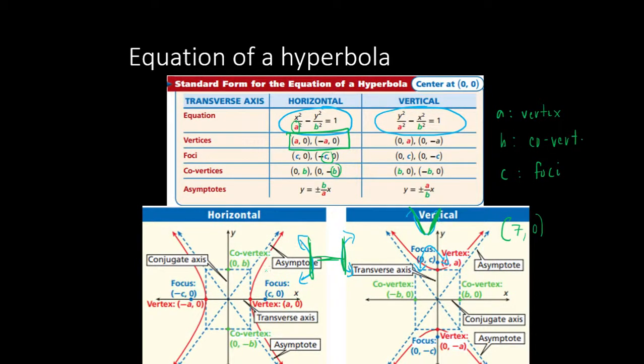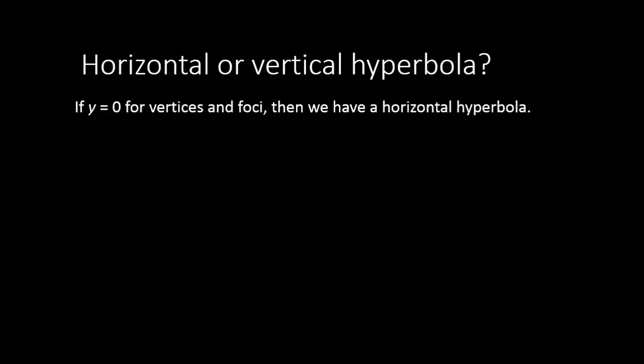Before we move on, this is just a photo representation of everything that's in the table. So these have the same exact information in them. If you're more visually inclined and prefer this picture to the table, take a screenshot of it and use that to help guide you instead, or to supplement it. Now, the point I was getting to is that if y equals 0 for vertices and foci, then we have a horizontal hyperbola.